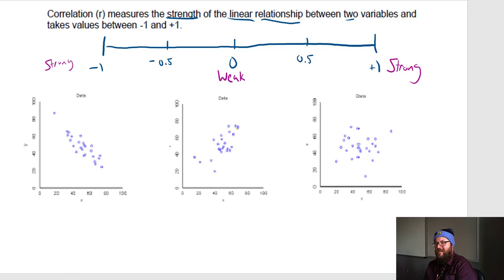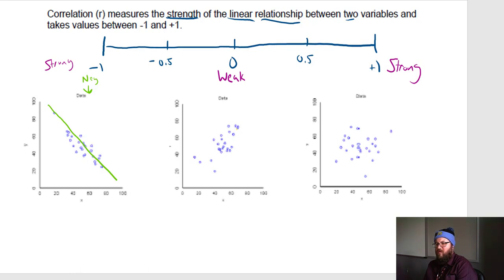So if you have a -1, then you have a strong negative relationship, okay? In other words, it's going to be going down, like this one right here that we got. You have a negative setup, right? These dots are forming a negative line. So it's a negative value.